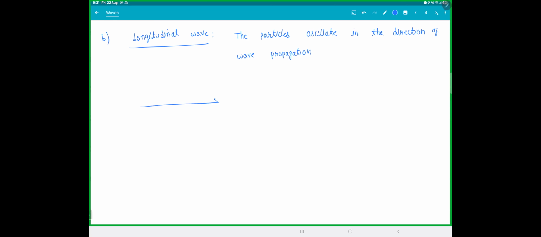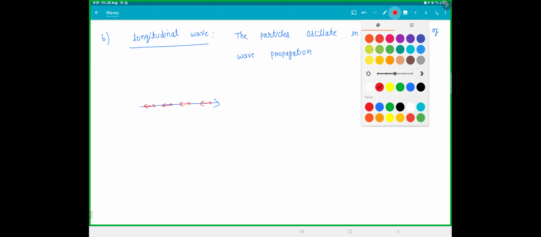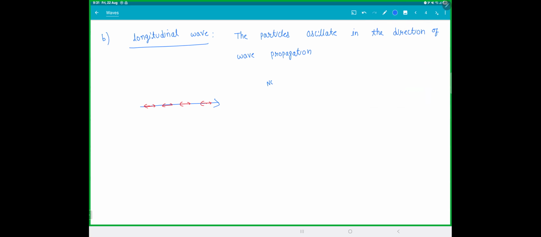That means if a wave is traveling like this, the particles are oscillating front and back. The best example is sound. Let's say there is no sound in the atmosphere or in the air, the molecules will be equally spaced.